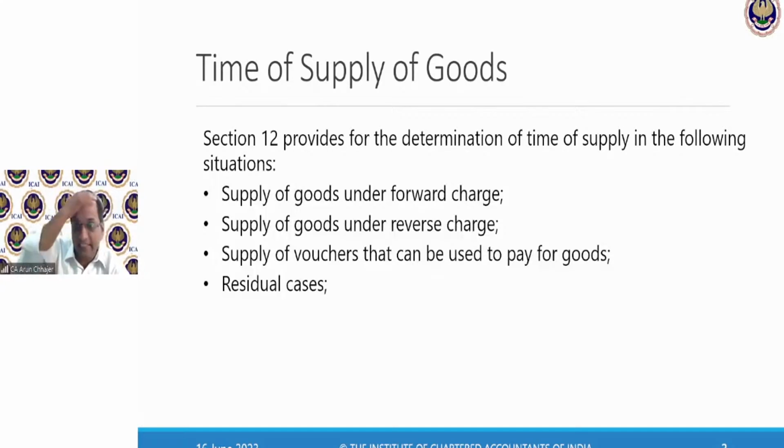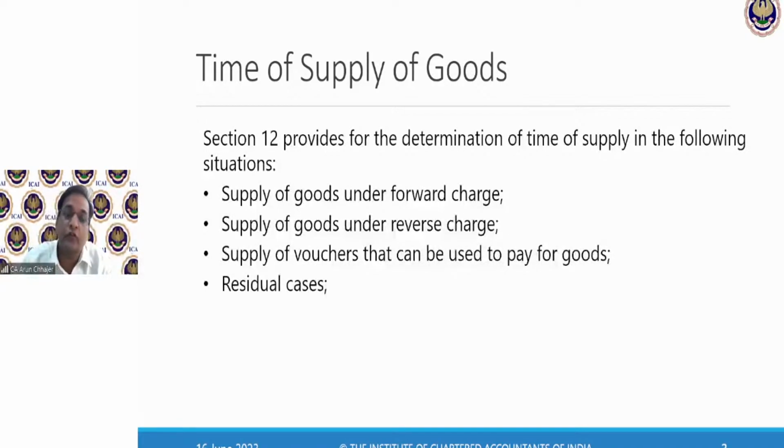Now Section 12, which talks about the time of supply of goods, is divided into the following parts: time of supply of goods under forward charge, time of supply of goods under reverse charge, supply of vouchers that can be used to pay for goods, and the residuary clause.